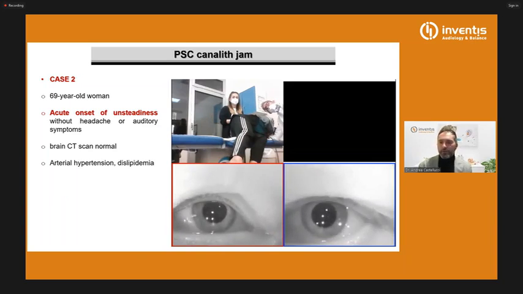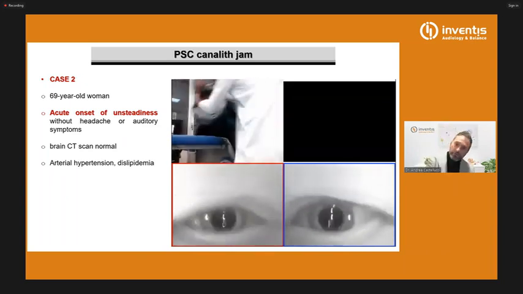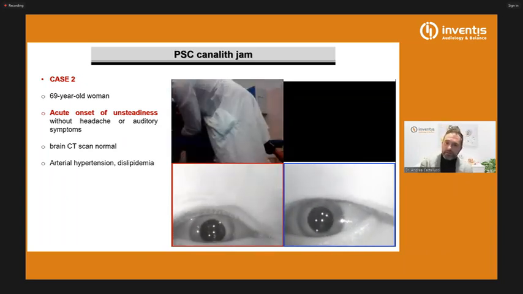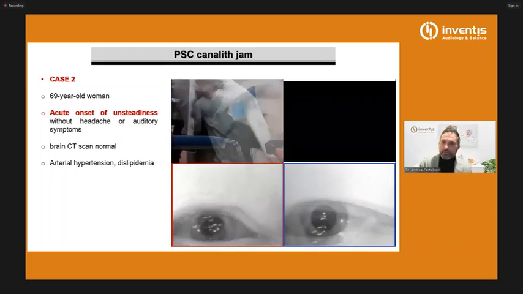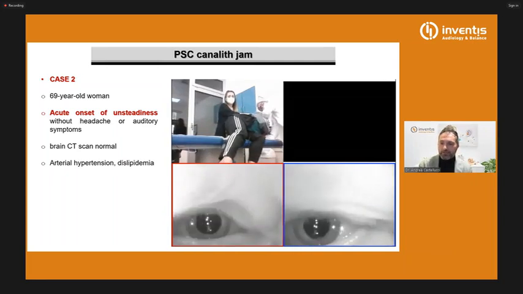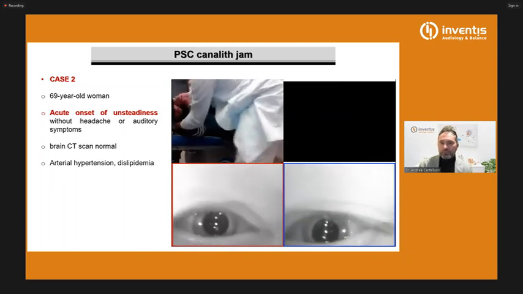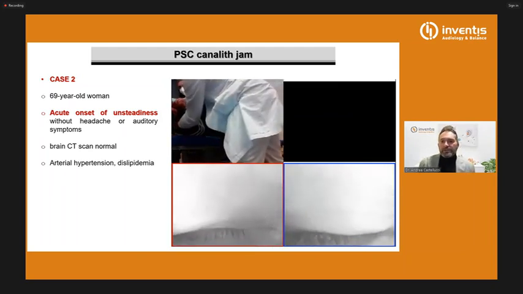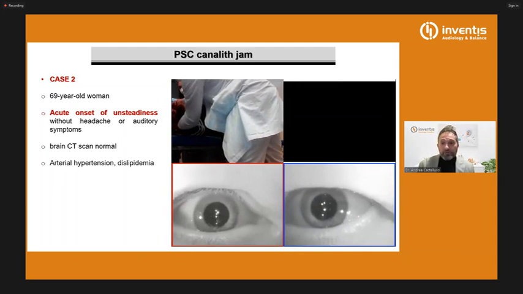We are performing a continuous Semont maneuver from one side and a reverse Semont maneuver on the same side. The importance is to align the head of the patient to the plane of the canal. So the head should be like this. But nothing happened. Apparently nothing happened.